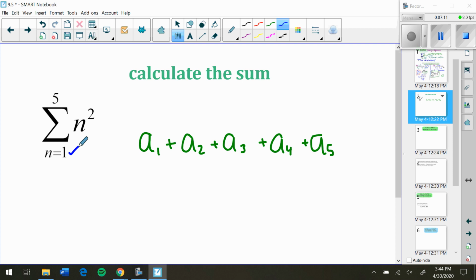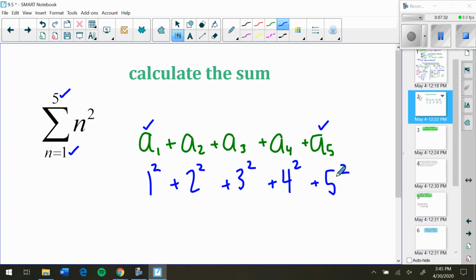How do I know? Again, because we are starting at a1 and we are stopping at a5. And each term is defined by squaring the term number. So 1 squared plus 2 squared plus 3 squared plus 4 squared plus 5 squared.